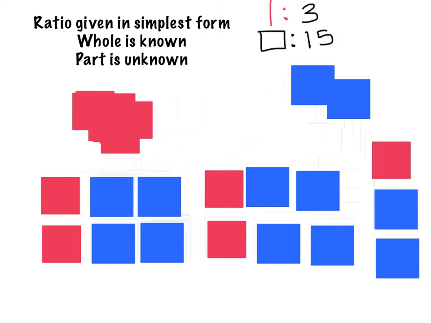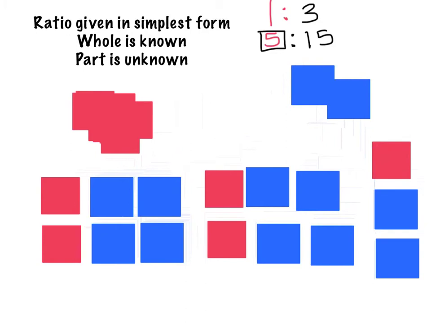Okay, so now I have 15 tiles laid out here, and then all I have to do is count how many pink ones I have. 1, 2, 3, 4, 5. So I'm going to fill in that I have 5 pink for every 15.